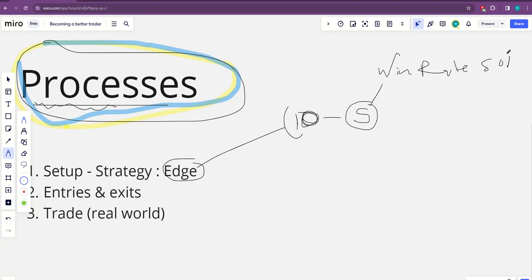So this is a very good kind of setup, and it has an edge, because out of 10 times it delivers 5 times. We know that out of every 10 trades we are going to be taking, we are going to be winning roughly 5. So this is an edge.